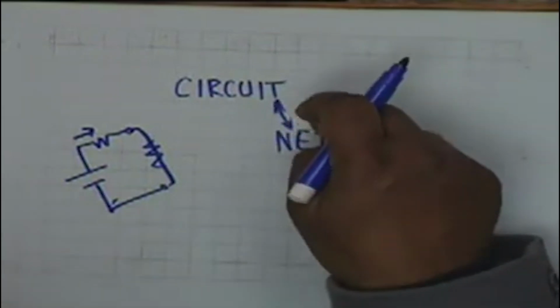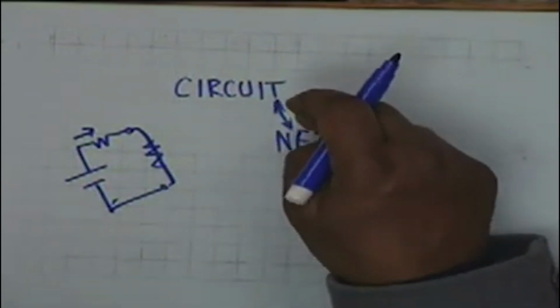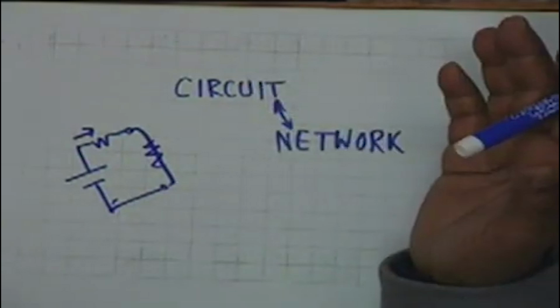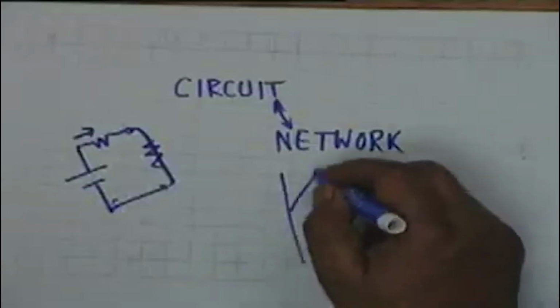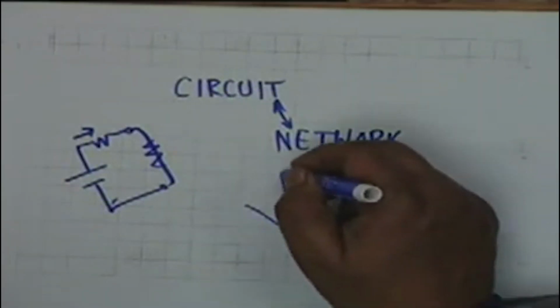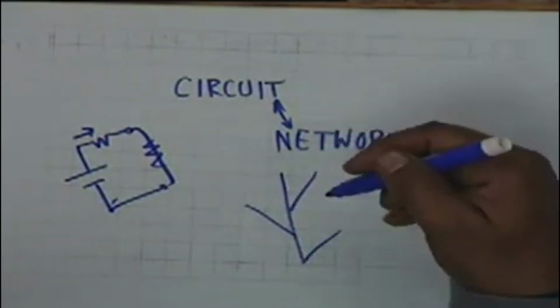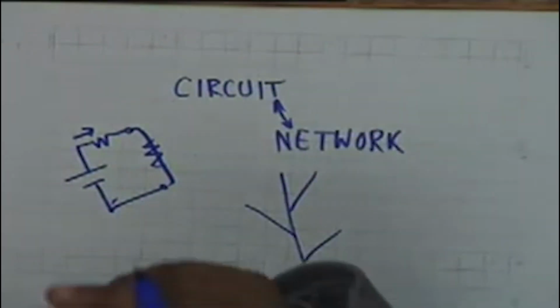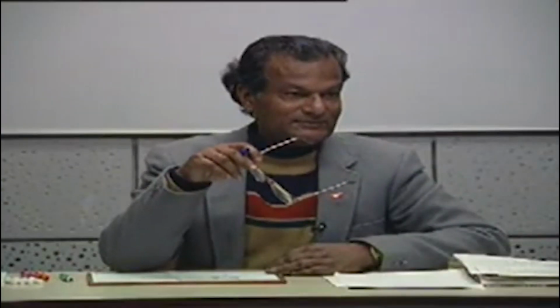On the other hand, a network is a more general term. A network may contain circuits or may not contain circuits. For example, if you have a tree like this, this is a network. You say it is a network of branches and leaves, but it does not contain a circuit.